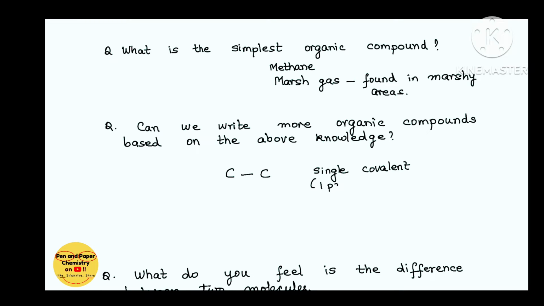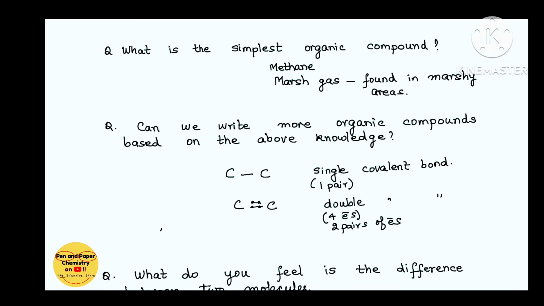Whenever it's a single bond, one pair of electrons is being shared between the two atoms. A double covalent bond would be shown by two lines drawn between the atoms. That means how many electrons? 1, 2, 3, 4. That means 4 electrons. How many pairs? Yes, 2 pairs of electrons being shared.